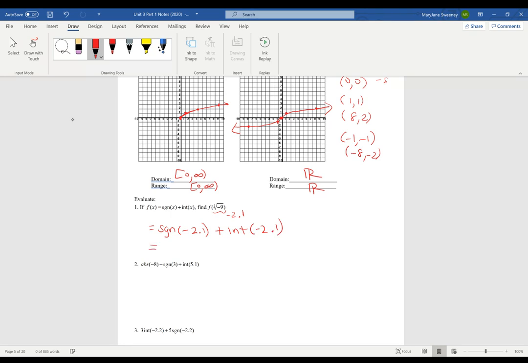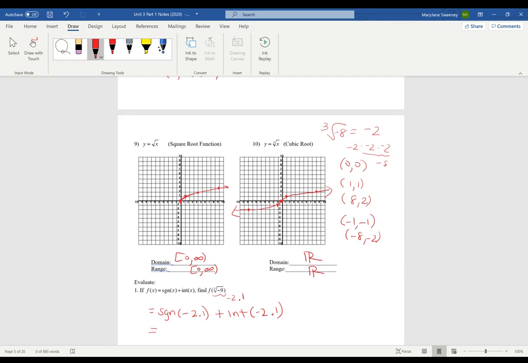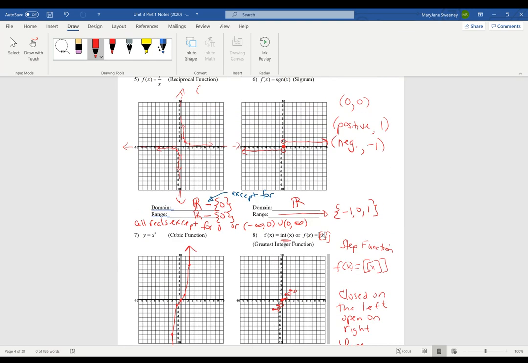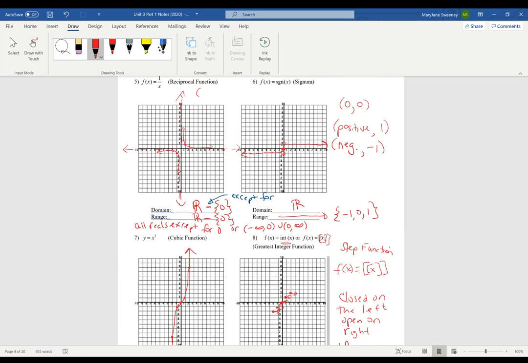Now, for SGN of negative 2.1, if you go back to the signum graph, we know signum of anything positive is positive 1, negative is negative 1, signum of 0 is 0.